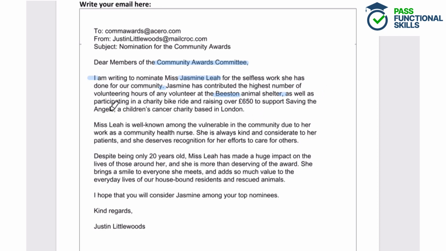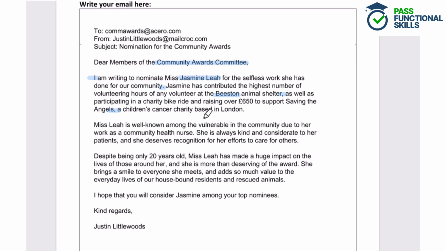We then have another comma to explain what Saving the Angels is, to add the additional information that it is a cancer charity based in London. So try to use commas in your answer to add some more details to sentences. If you're not sure where to use commas, it's a good idea to try reading your answer out loud, and whenever you take a breath, it's probable that you will need a comma there.